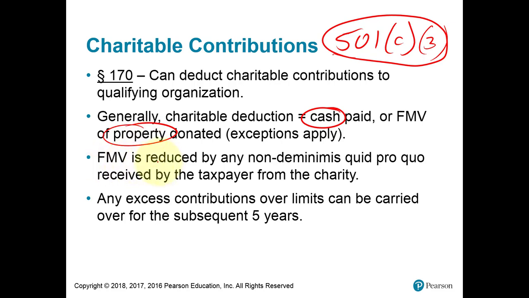Here in this bullet it says that you have to reduce your contribution for anything you get back from the charity. So a lot of times charities or nonprofits have fundraising. They start selling stuff like cookies or tickets to events. Generally, those items are non-deductible because you're getting back something, you're buying something.